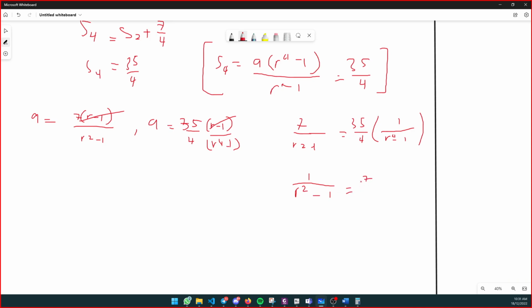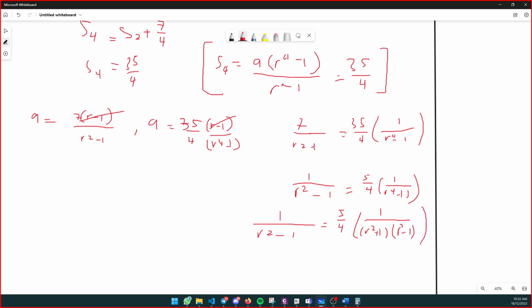So that's 1 over r squared minus 1 equals 5 over 4 times 1 over r to the power 4 minus 1. This one I can also simplify, because I know that r to the power 4 minus 1 is r squared minus 1 times r squared plus 1. 35 over 4, and the 7 is the sum of two terms.